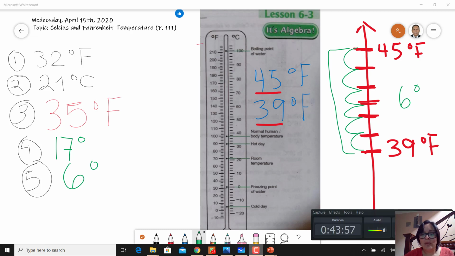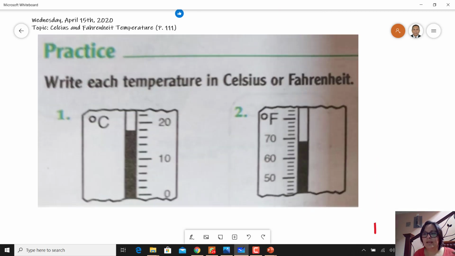So now, guys, your homework is in page 112 from 1 to 13. In this case, you don't have problem solving to solve, just from 1 to 13. I will help you with number 1, and let's read the instruction.